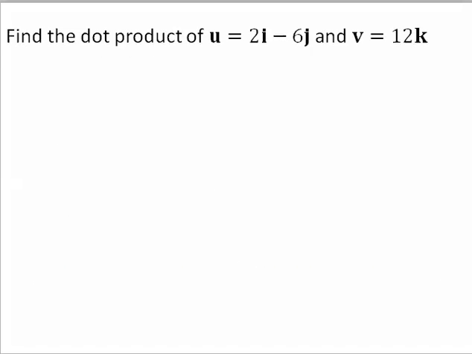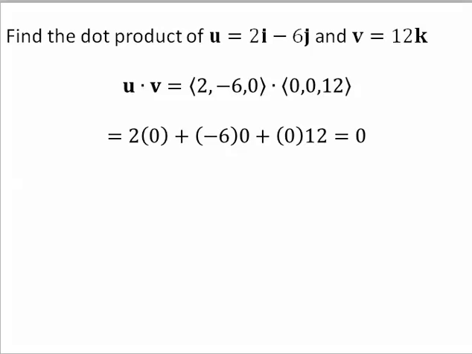Let's find the dot product of u and v. Well, if I write them as components 2, -6, 0, dot 0, 0, 12, the dot product you can see is just 0 plus 0 plus 0. The dot product is 0.